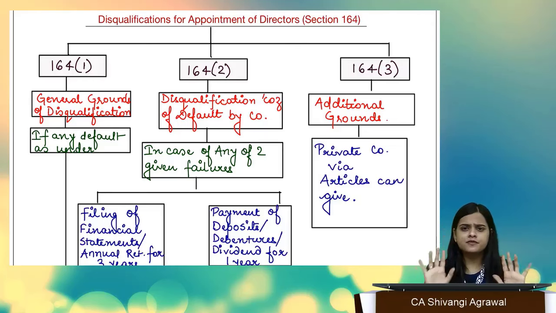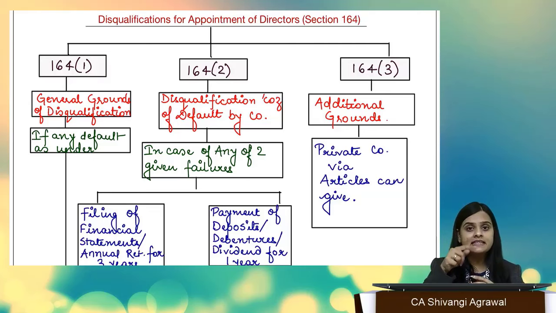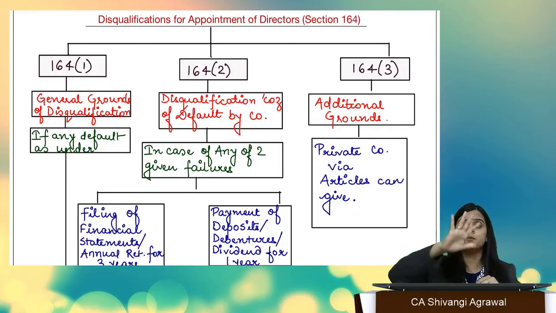So we have two different sections. One is for disqualification and the other is for vacation, but they go hand in hand undoubtedly. Okay, fine, ma'am. Section 164(2) also talks about 2 grounds of disqualification, but these disqualifications are attracted to the individual because the company in which they are holding directorship has done some default.